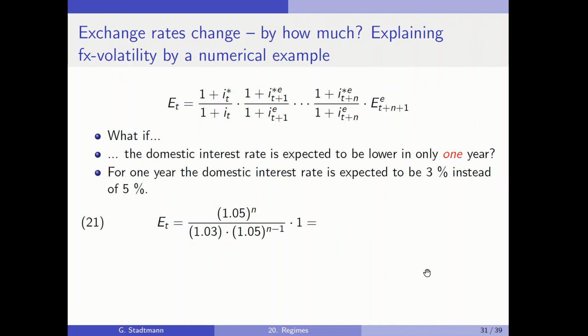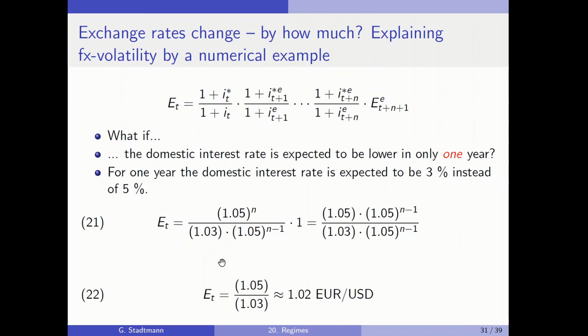This can be computed as follows. We split up this relationship so that 1.05 to the power of n is equal to 1.05 times 1.05 to the power of n minus 1. Then this term will cancel out because it's in the numerator and the denominator, and we get for the current spot rate the relationship 1.05 divided by 1.03.